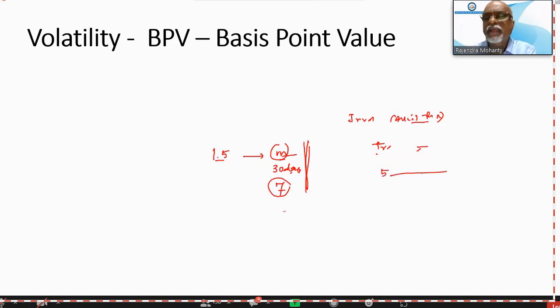So that's why for volatility or VAR calculation, a year is always taken as 250 days. In VAR calculation or volatility calculation, a year always means 250 days.